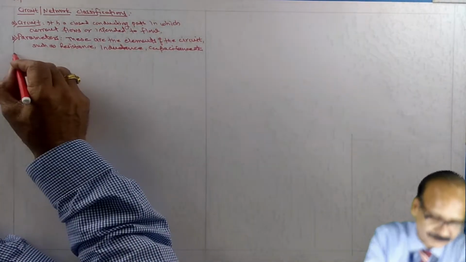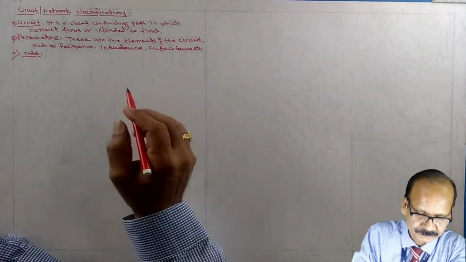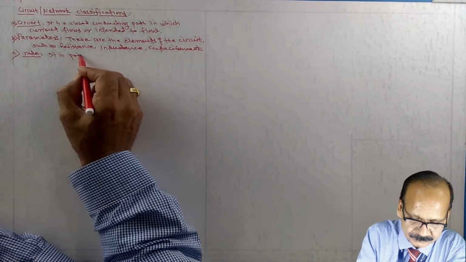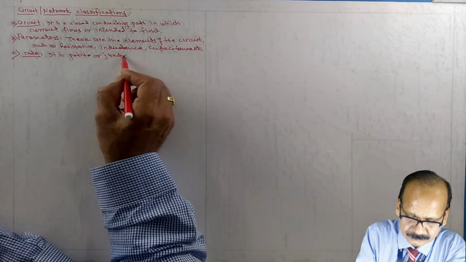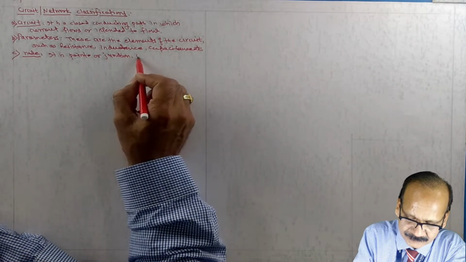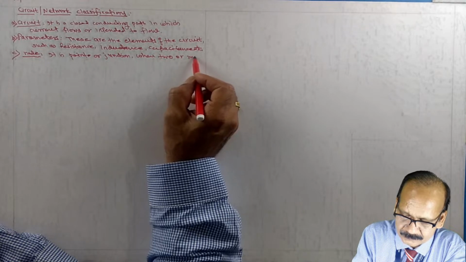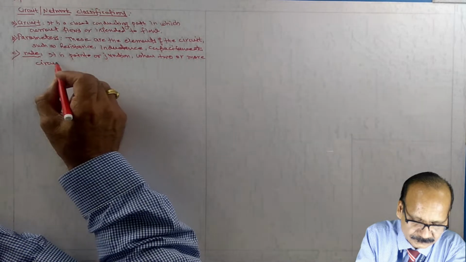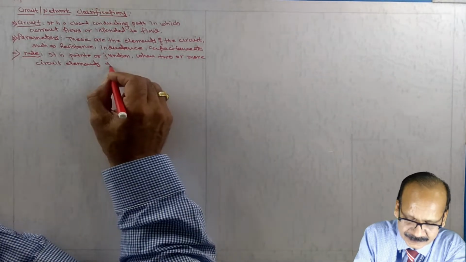Okay. Then what is a node? It is a point or junction when two or more circuit elements are connected together.